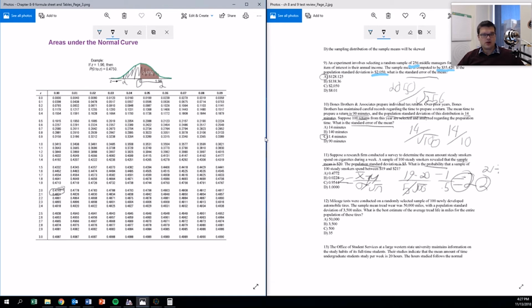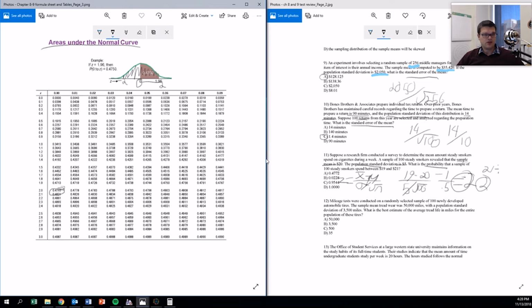So you get 0.4772. So when you're looking at the probability of a sample being between 2 numbers, if the 2 numbers are around the mean, it's really easy to use the area under the normal curve z table.